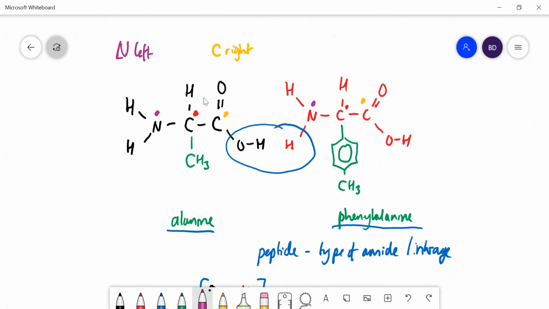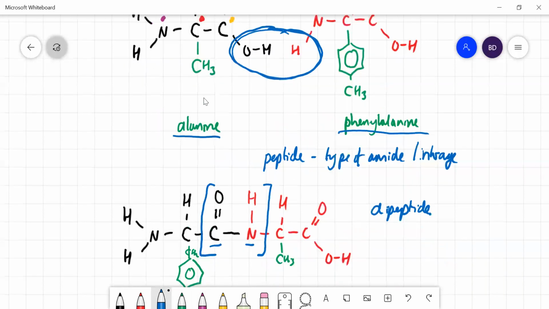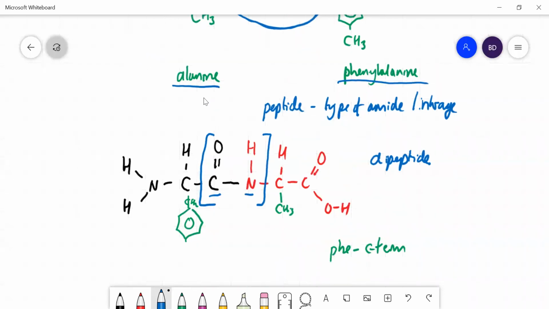And the same with this one here. So you're sort of laying them head to tail. Then I would draw a circle around the water that you're going to eliminate, and then join them up together to form the peptide. So I'd have a practice of drawing those. And remember that with 2 amino acids, you can get 2 possible different dipeptides.